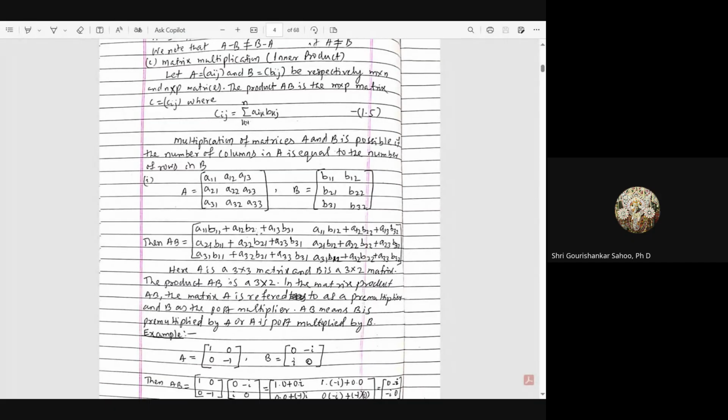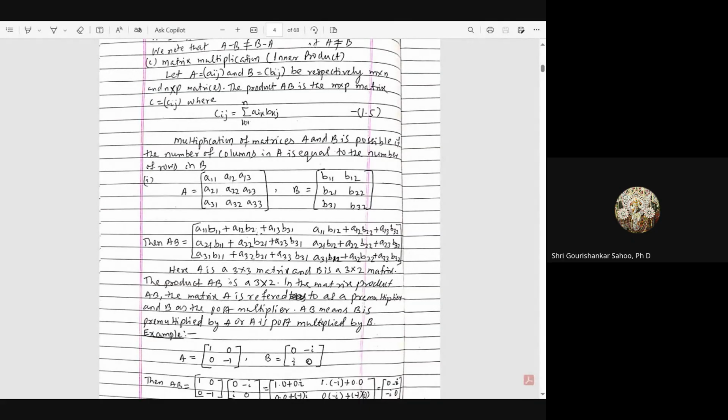The second row and first column gives the next element, and the second row and second column gives the following one. Third row and first column will give the first element in the last row, and the last row and second column will give the last element in the last row.